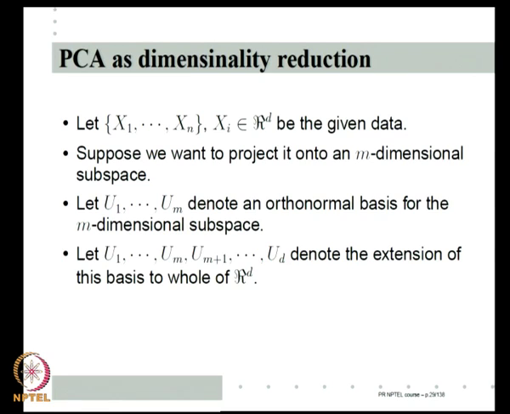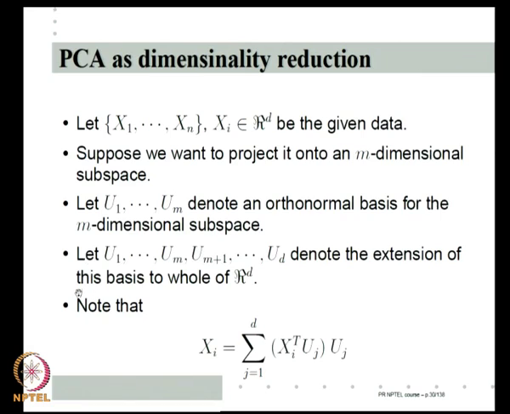So, um plus 1 to ud are defined to be those orthogonal vectors, which when added to u1 to um become an orthonormal basis for Rd. So, u1 to um is the orthonormal basis for the m dimensional subspace I am looking for, and u1 to ud is the extension of this basis to the whole of Rd.